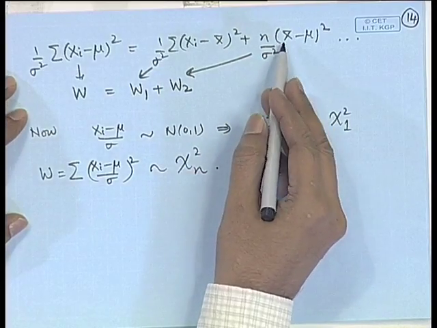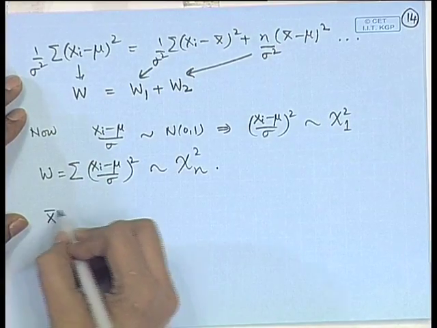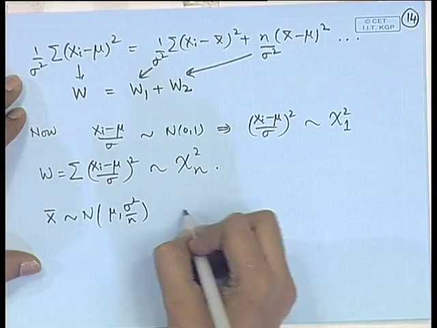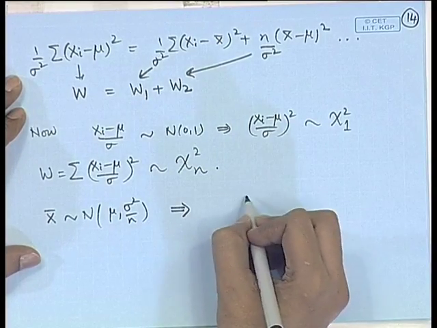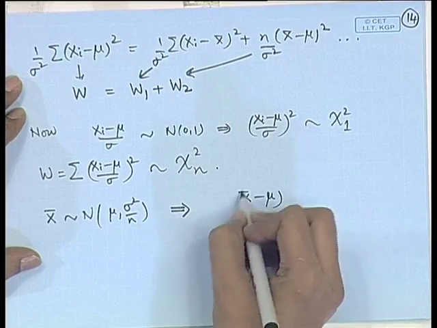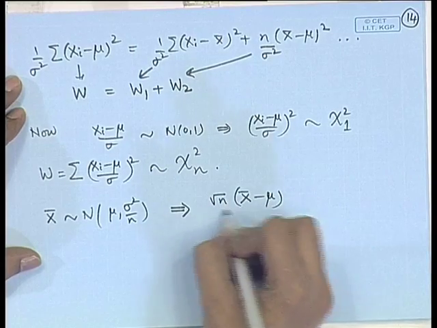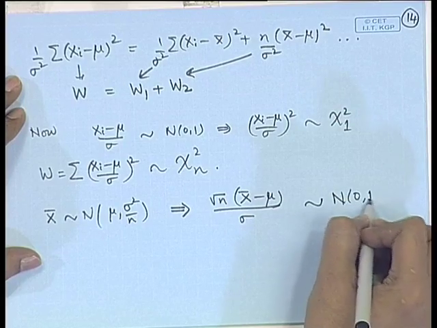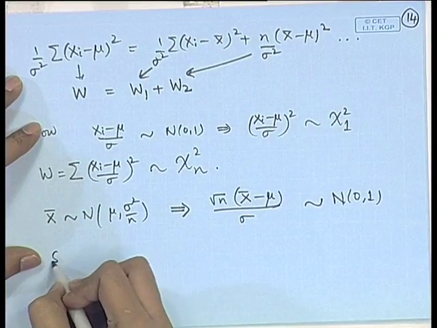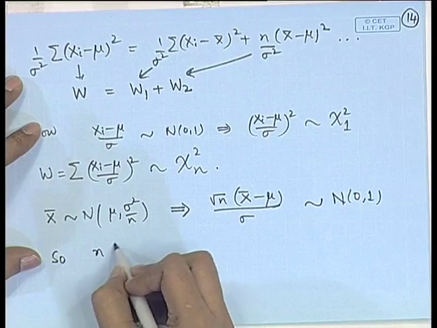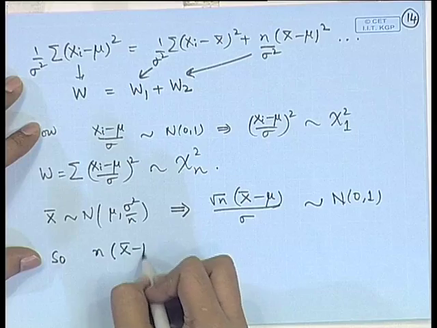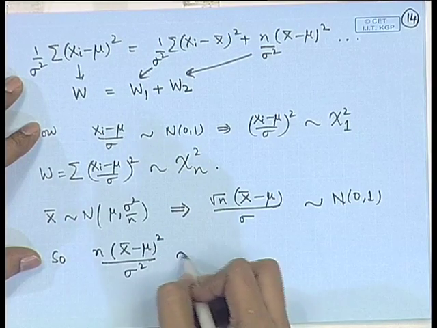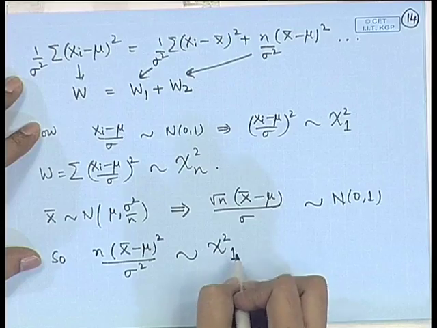Further, the distribution of x bar is normal mu sigma square by n. So, we conclude that x bar minus mu root n by sigma will follow normal 0 1 distribution. If I take the square, n x bar minus mu by sigma whole square, this will follow chi square distribution on 1 degree of freedom.